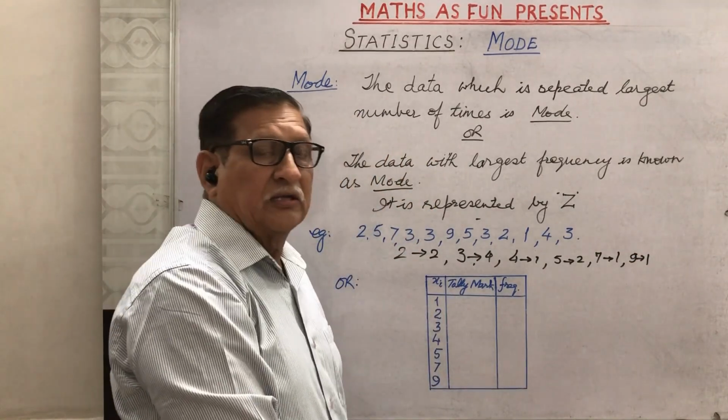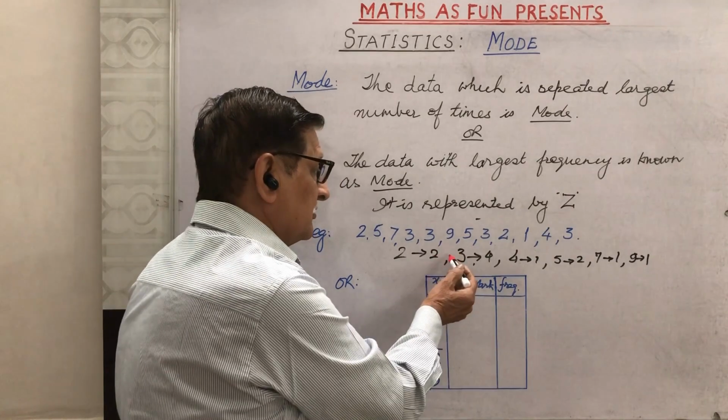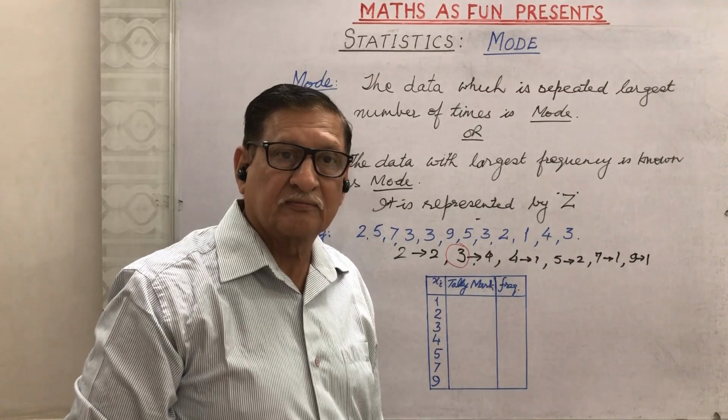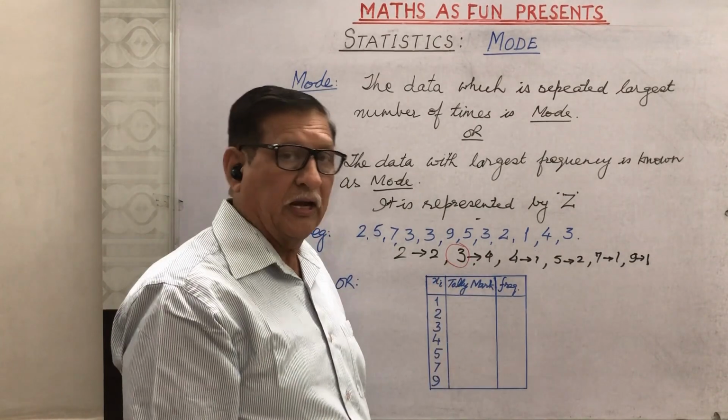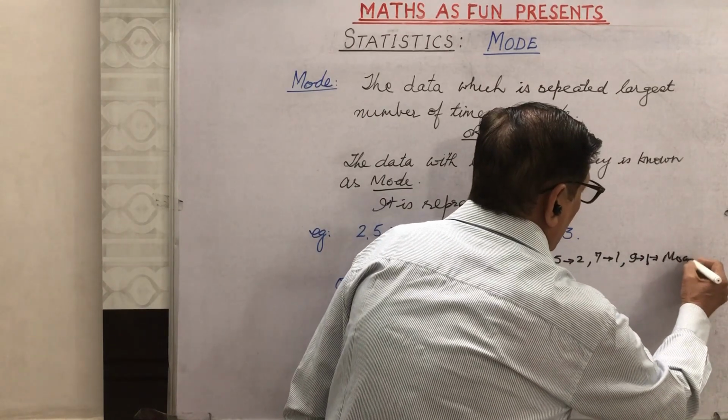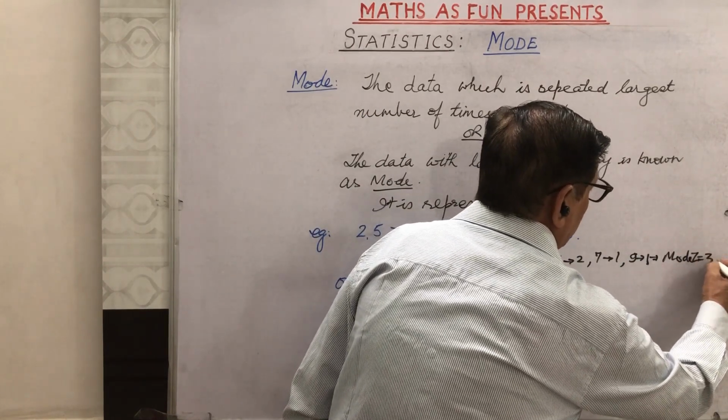So the data 3 is repeated the maximum number of times, that is 4. Here we get the mode as 3, so we write mode Z is equal to 3.